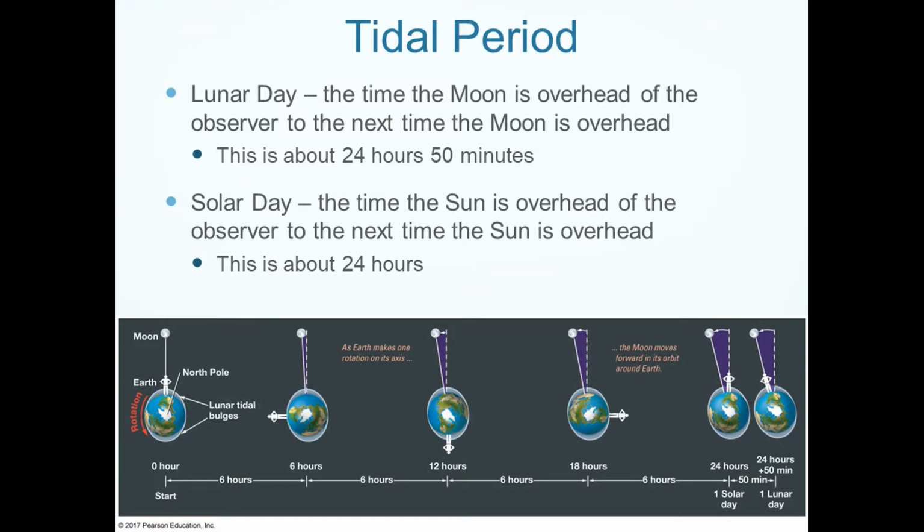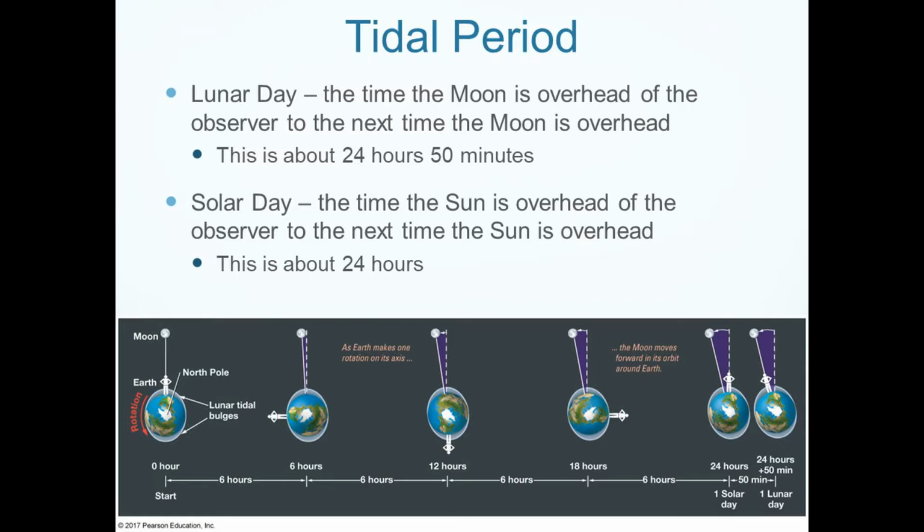It's just the time it takes for the sun to revolve around the Earth one time, until the sun is overhead the next time. That's generally 24 hours, and that doesn't change.